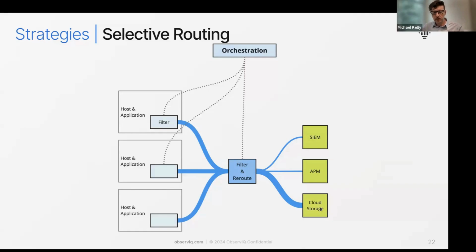If you need it for compliance, or if you need to investigate an incident later on, you have the data in a bucket. Maybe it's S3 or Google Cloud or Azure, but it's a very low cost solution, and then it can be rehydrated using BindPlane or with some configuration through OpenTelemetry.